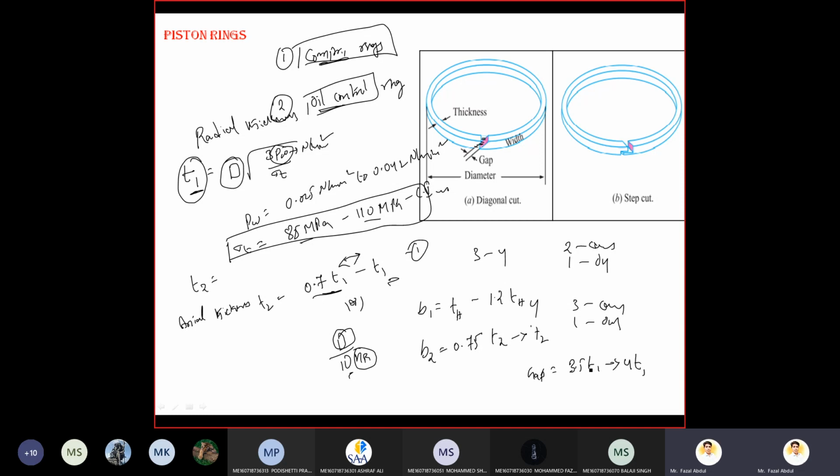When the rings are in a cylinder, after inserting, the gap is 0.002 D to 0.004 D. This is the gap when the piston is inserted inside the cylinder. So we have to maintain this gap between each ring.